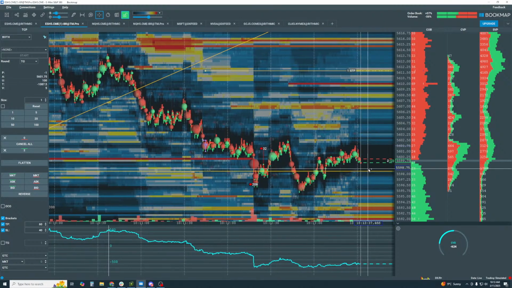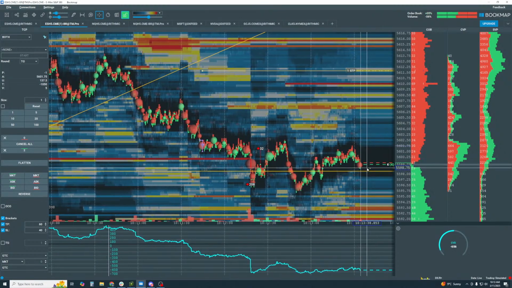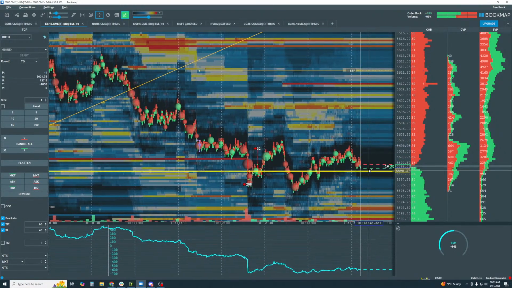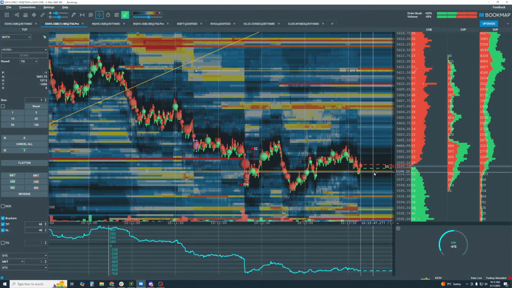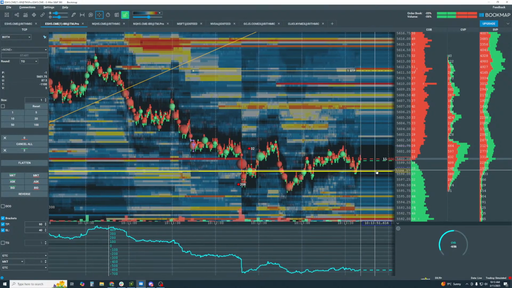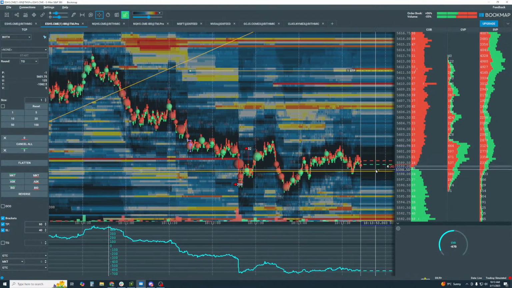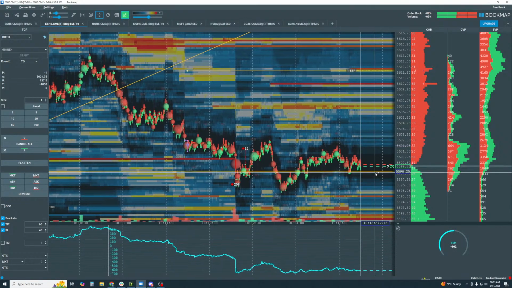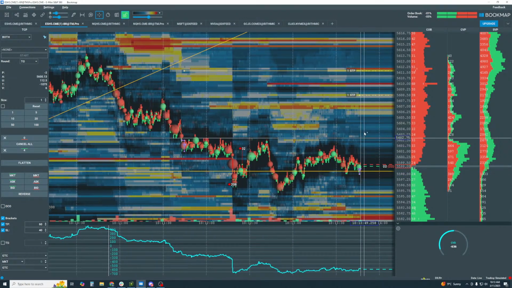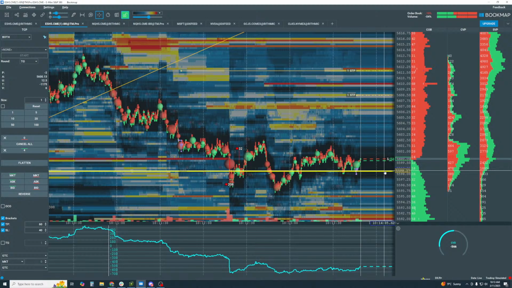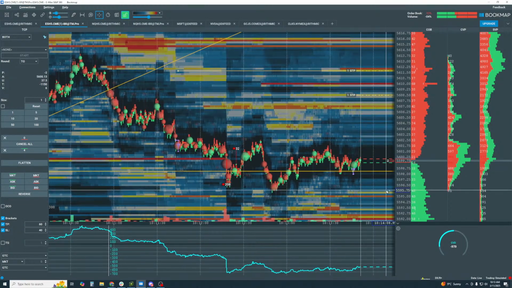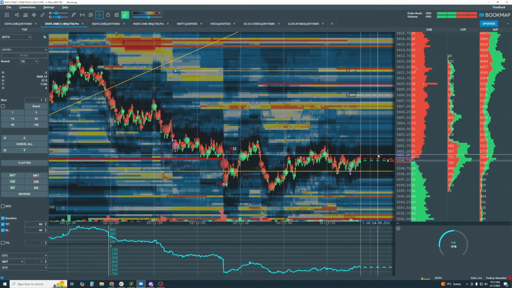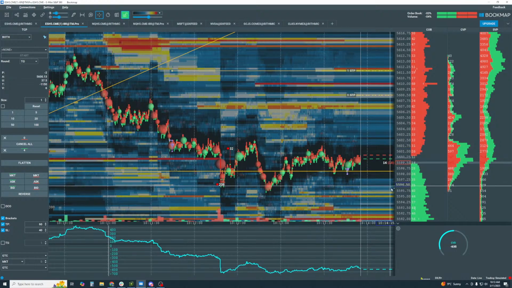Well, let's see here if we get another break. Okay, if we can break this, the downside, we can get in again maybe and look for continuation here. Looks like a little pocket of buying starting to come in.